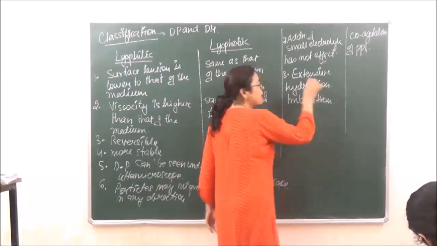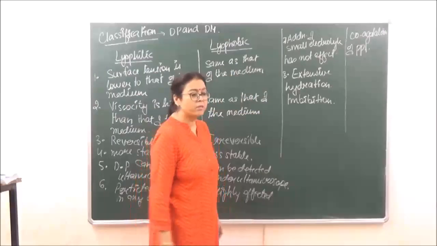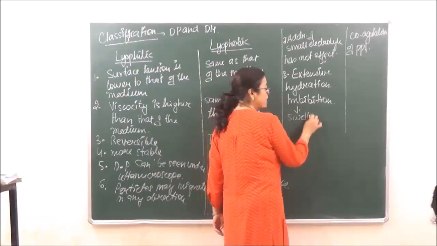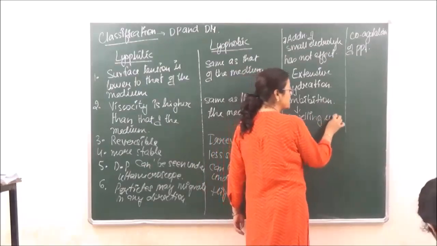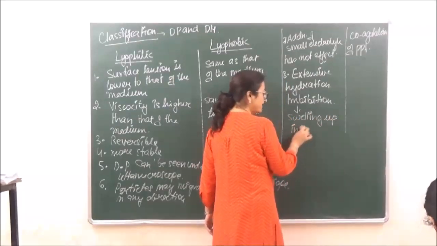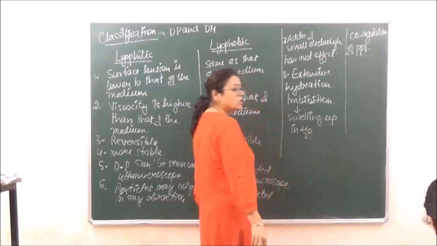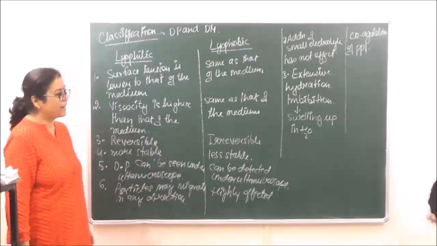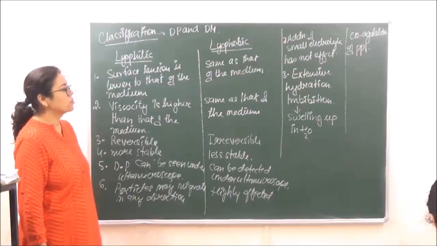What do we understand by the process of imbibition? That is swelling up in water. So when we take gelatin or jelly, the crystals, when put in water, swell up, right? That is the process of imbibition.